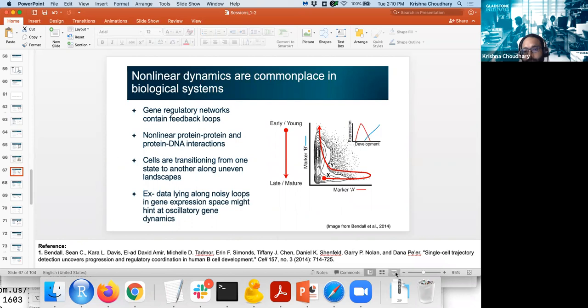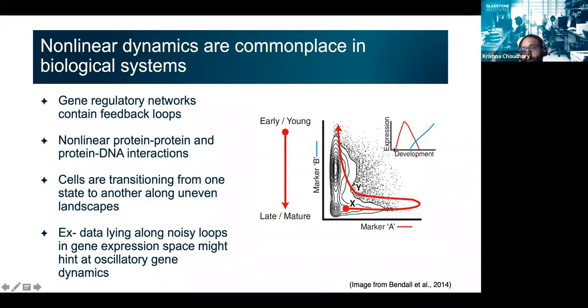And here is another example in 2D. So if we are looking at just two genes, let's say, then as development happens, the expression level of one gene goes up and then it goes down, while in the meantime, the expression level of another gene picks up.